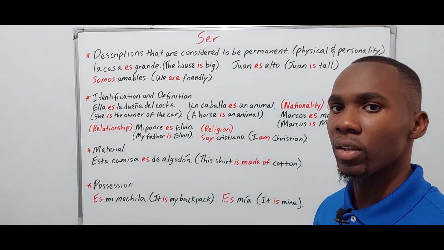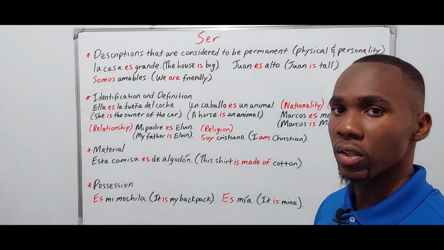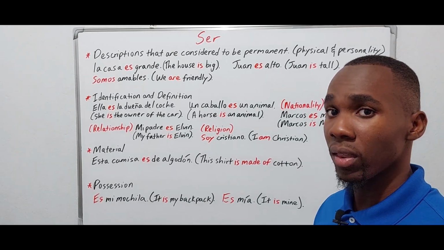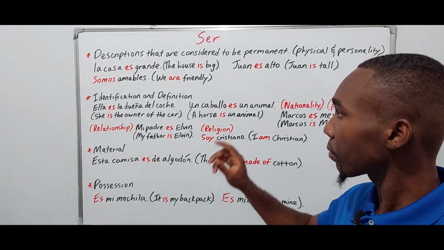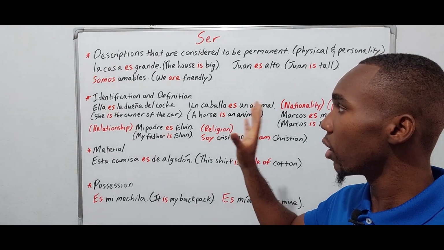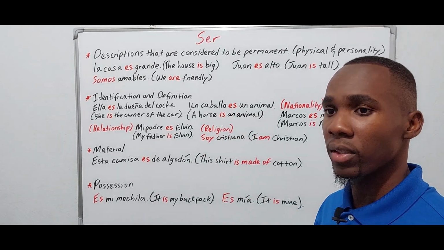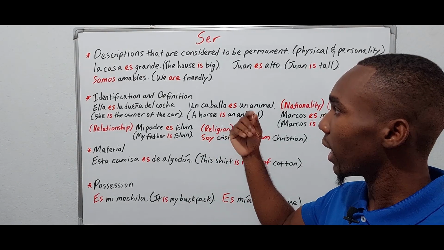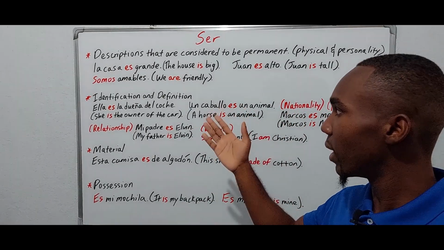But generally, I would not say that, because you're going to see further on that ser is actually used with things that change as well. But we'll get there. But the first context is going to be for descriptions that are considered to be permanent, okay? So, la casa es grande, Juan es alto, somos amables.